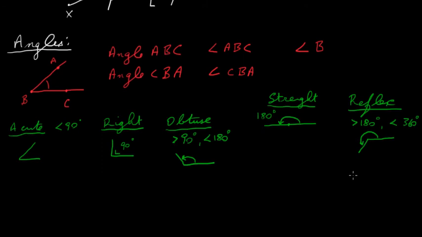So that's your reflex angle. Next one we can look at is a full angle. And a full angle is just 360 degrees. So that might look something like this. It'll start here and go all the way around here, 360 degrees.